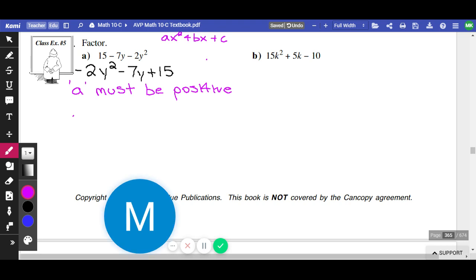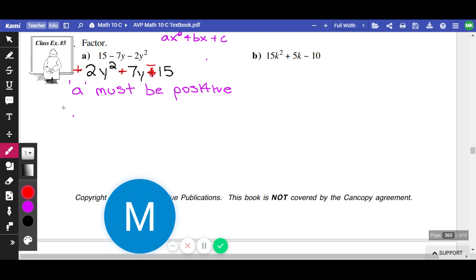To make a positive, you're going to change all the symbols by factoring out a negative 1. It's like doing a GCF. So what we're going to do is go up here and change all the symbols. So this will become a plus 2y squared plus 7y minus 15.